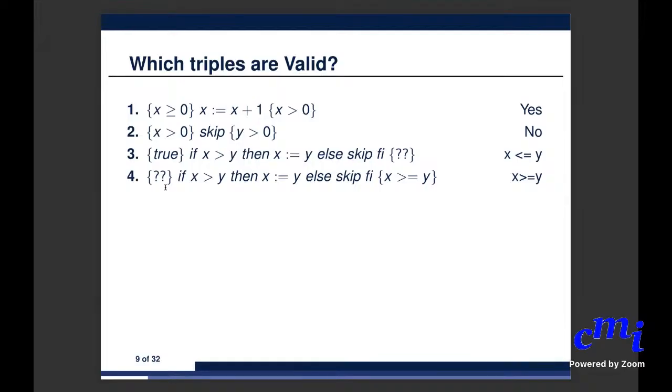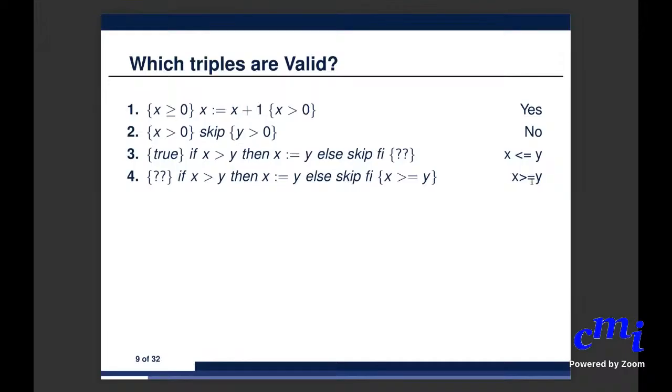You could make x equal to 2 and y equal to 1, or x equal to 2 and y equal to 2. You can also make it more specific. But among all the predicates that make this whole triple true, x greater than or equal to y is the weakest of all the predicates.